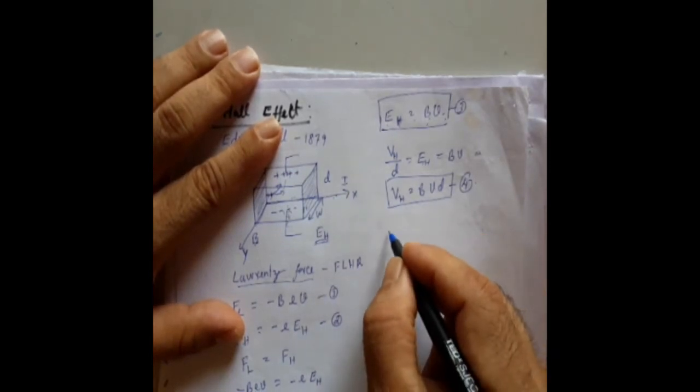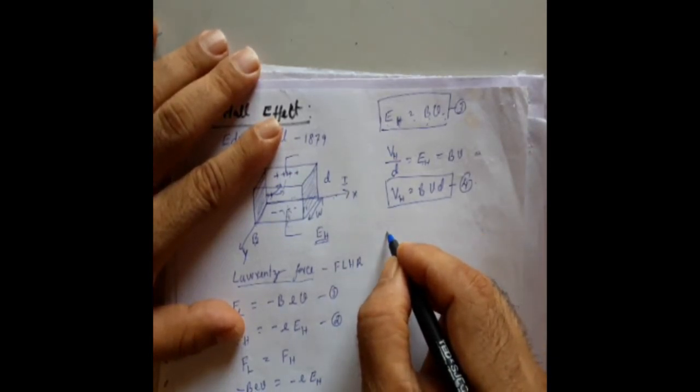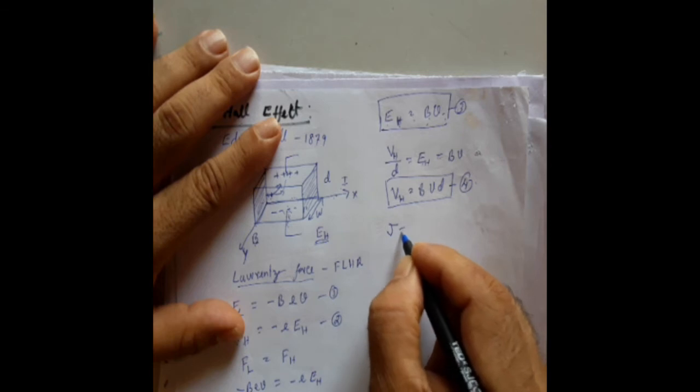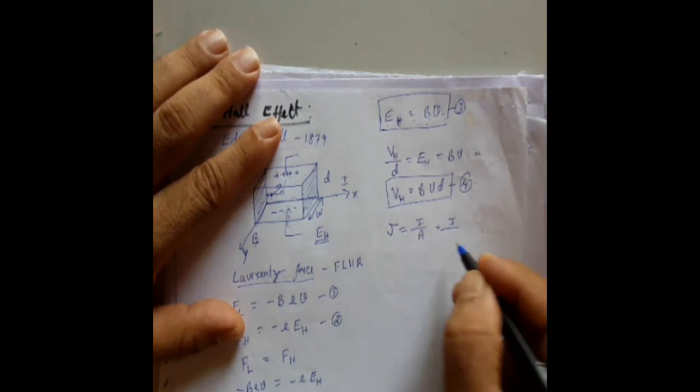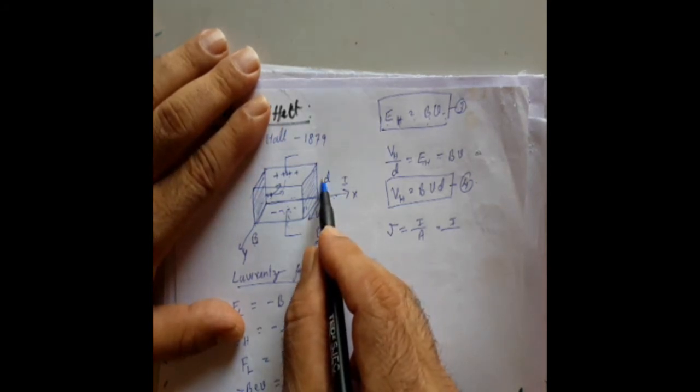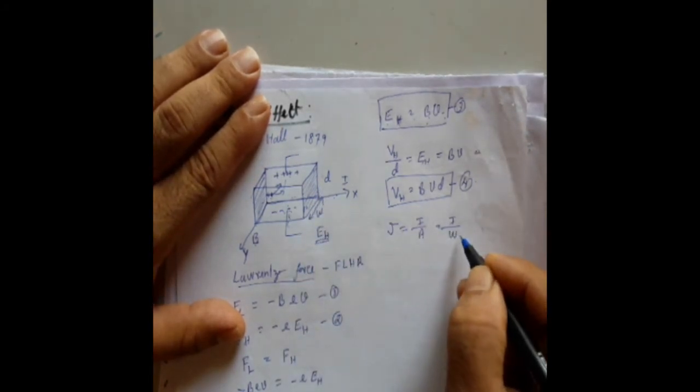Now, let me find out the current density. By definition, current density is current per area. Here, area is nothing but width times thickness, W into d.